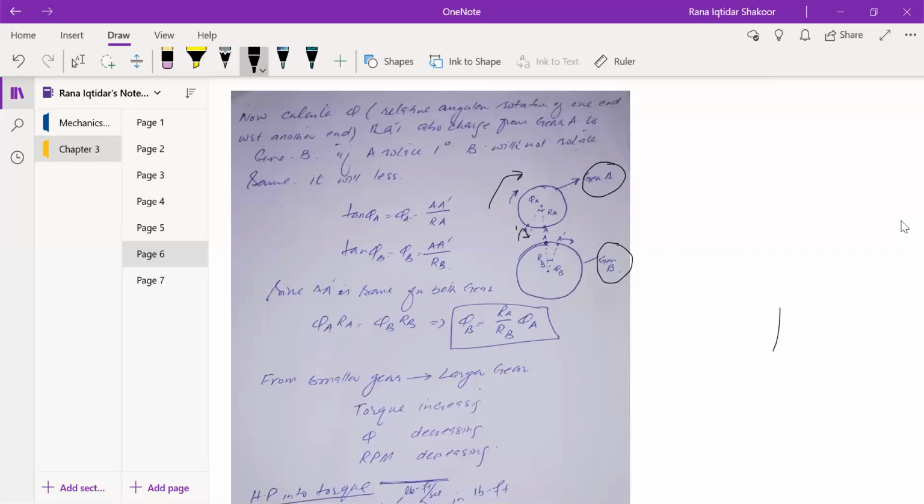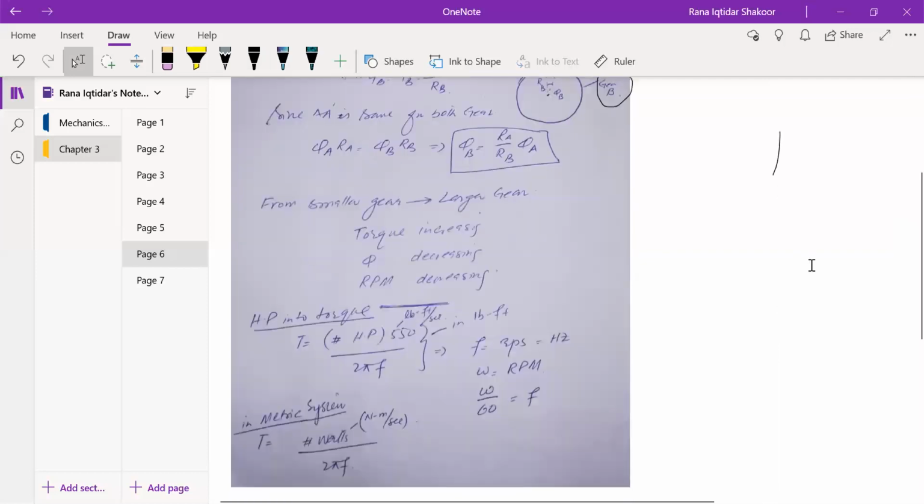Because RA over RB will always be less than 1, phi B will always be less than phi A. Definitely we can say that the bigger gear always has lesser angular rotation. So here is the conclusion: from smaller gear to larger gear, torque increases, phi decreases, and resultingly RPM also decreases. So this is how we proceed for the gears.